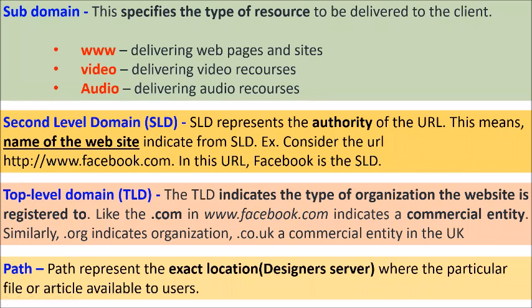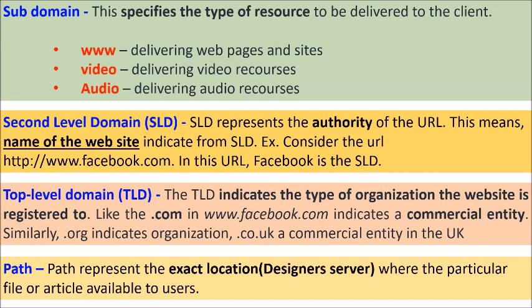That means the purpose of publishing that particular website. If you find .com, that means commercial purpose. Facebook.com: Facebook is the second level domain or name of the website, published for commercial purpose. .org is for organization, .edu for education. In that way, we can identify many types of top level domains.